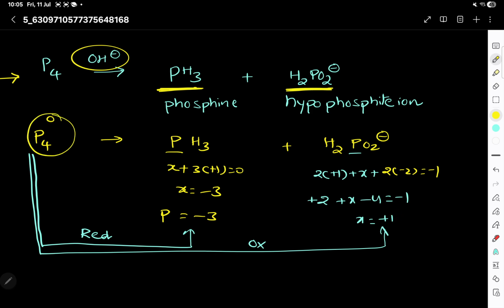This type of reaction is called a disproportionation reaction.